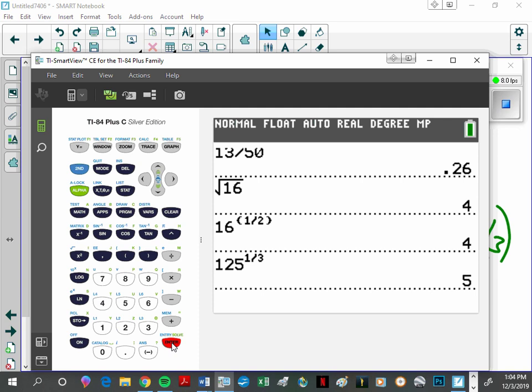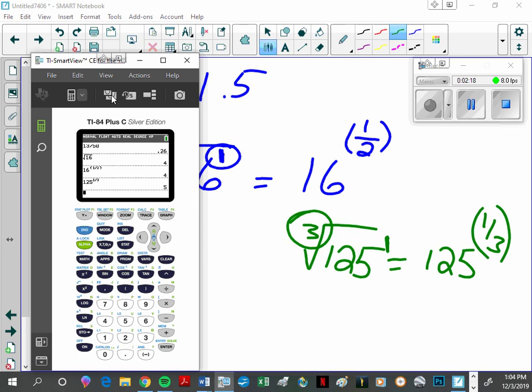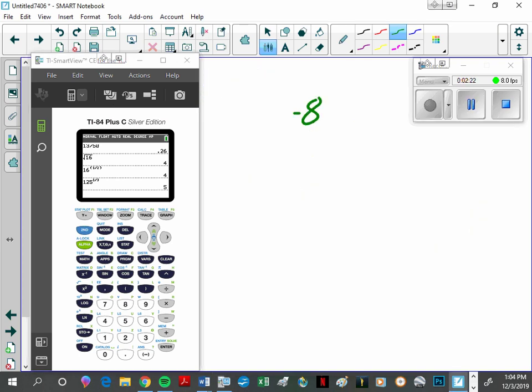Now things get a little bit more complicated with fractional exponents, and anytime you have a negative in your base, you need to put that base in parentheses. So if I had -8 and I was doing the fourth root, that is going to be parenthesis -8 to the 1/4. And just to be careful, I would just put parentheses around any negative and parentheses around any fraction, and then you'll never mess it up.